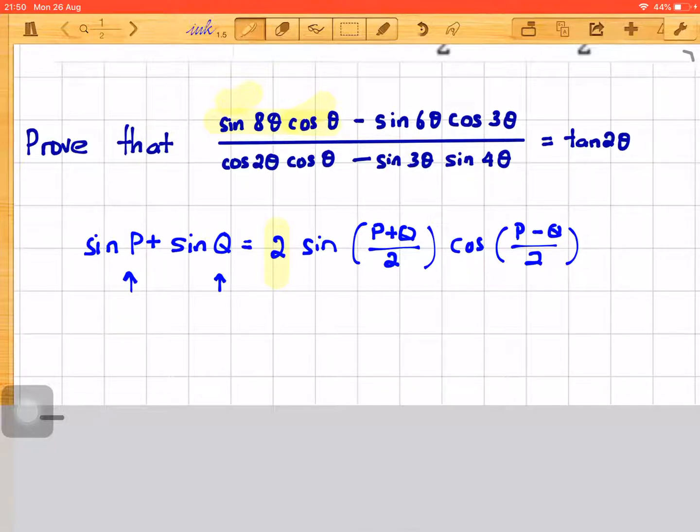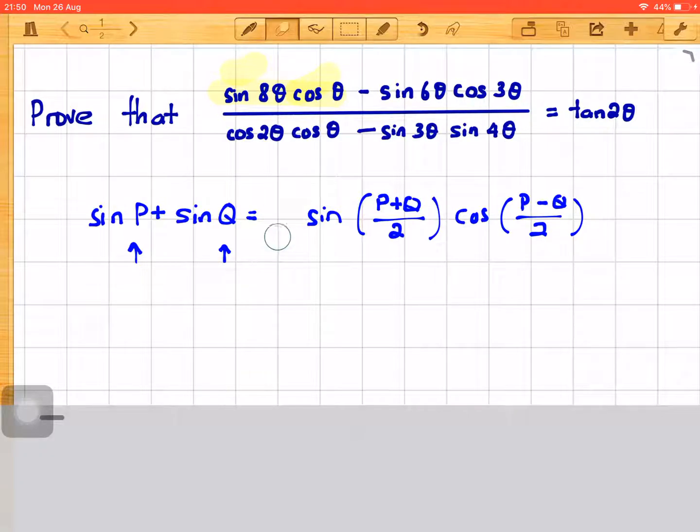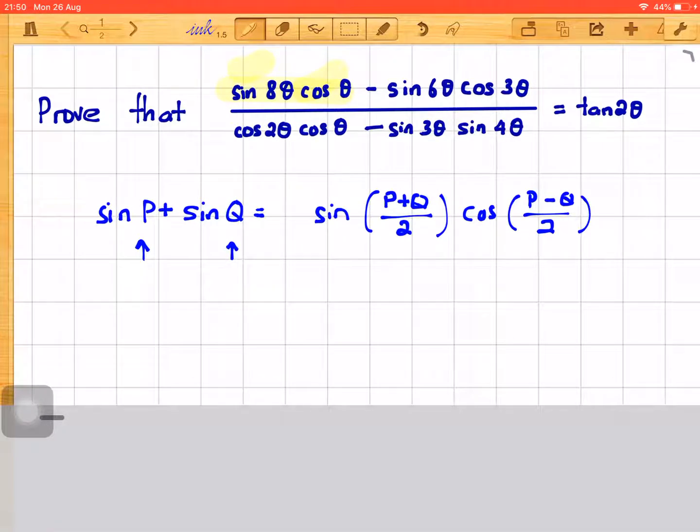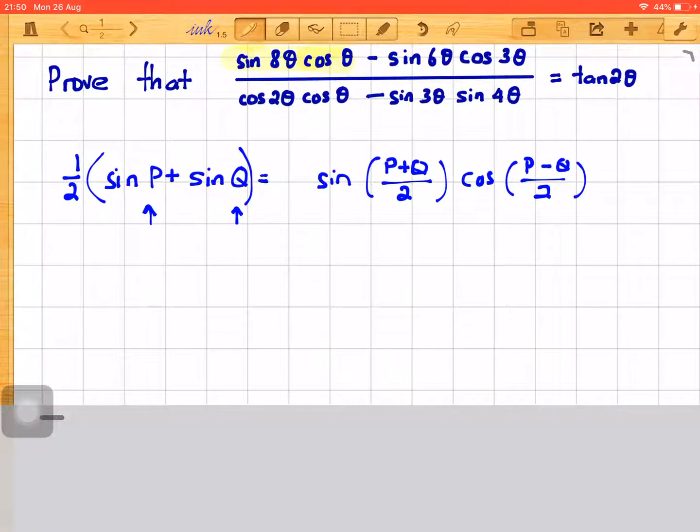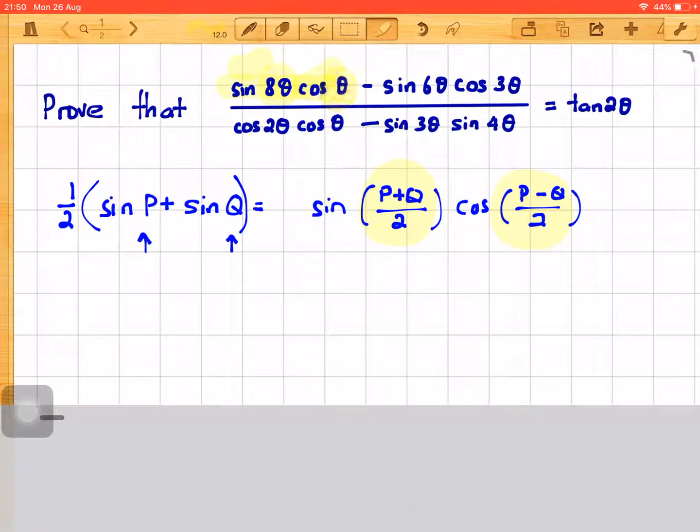What I will do is move it to the front, it becomes 1 over 2, the whole thing. I hope you're still following me. So we're gonna compare. So this one is the same as this one. This one compares with this one.